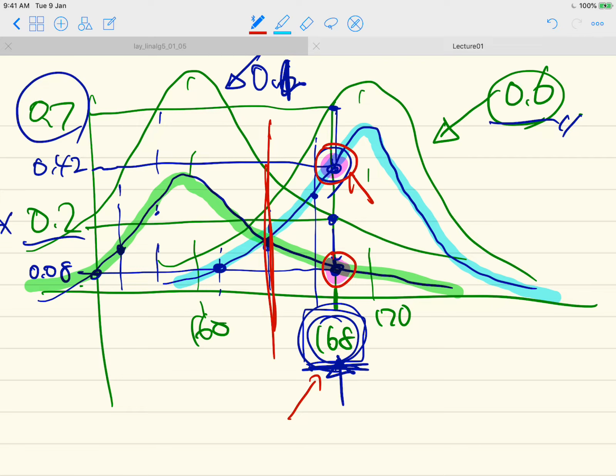So this is our Bayes rule. So if our feature value is found to be larger than this value, then that's when we classify it as male. And the left side, on the contrary, this green line becomes relatively higher compared to this cyan line. So this is when we classify it into the female. Okay.